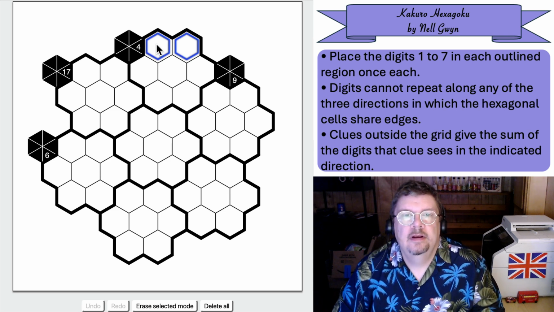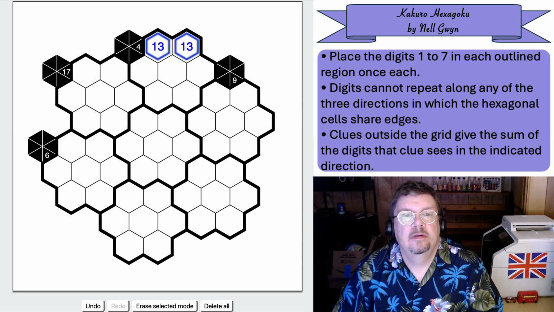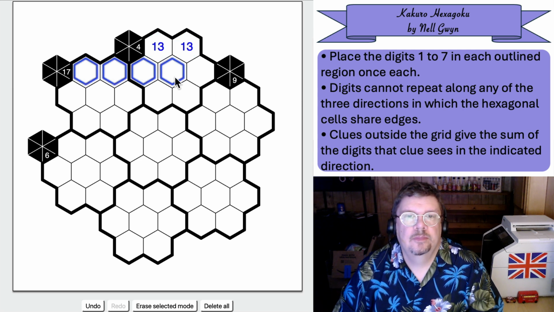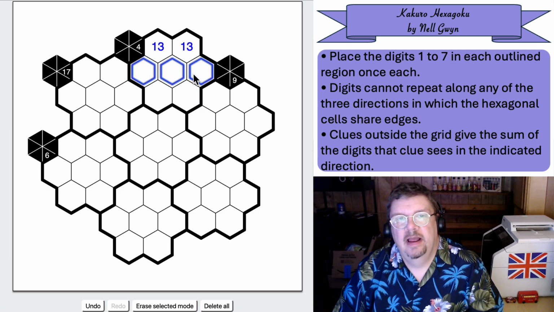All right, so this 4 can only be made of 1 and 3. 17. That's potentially restrictive. So 17, these 3 digits are at minimum 2, 4, 5, which is 11.